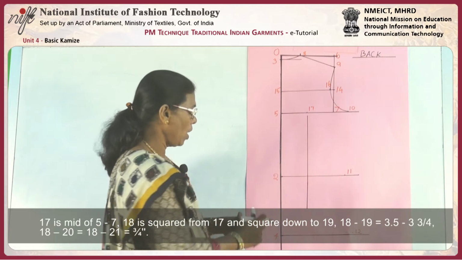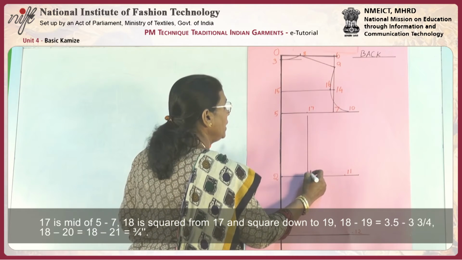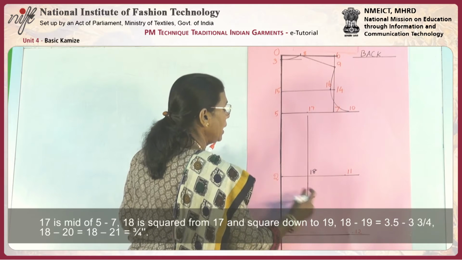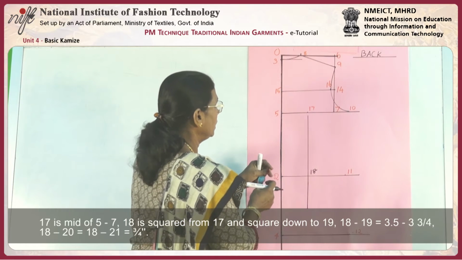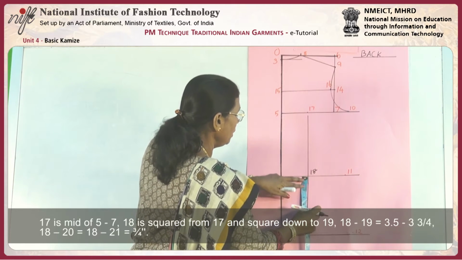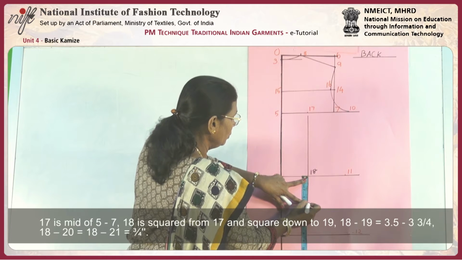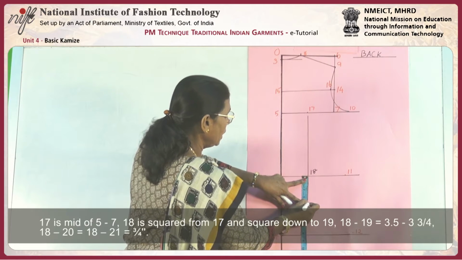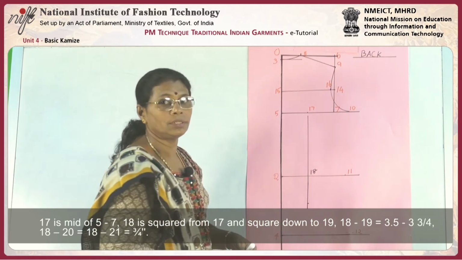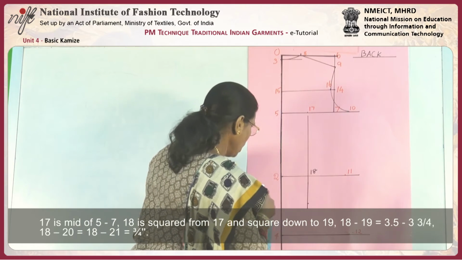The 17 is squared down to 18, 19. 18 to 19 can be 3.5 to 3 3/4 inches. Mark 19.